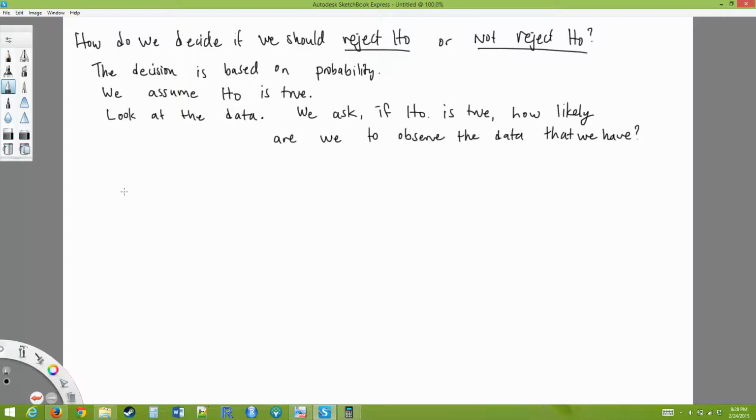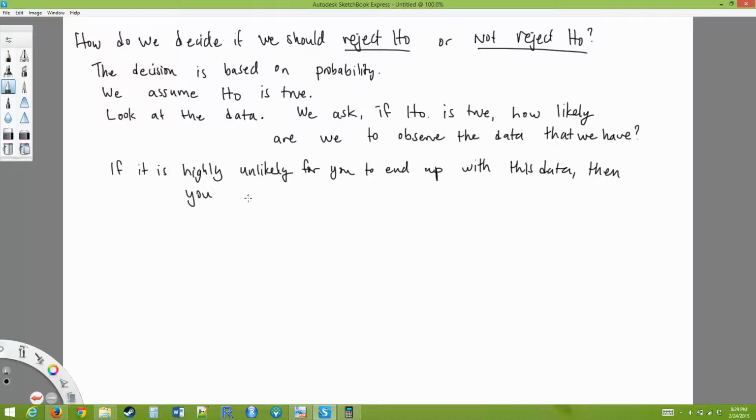Okay? And so if it turns out, if it is highly unlikely for you to end up with this data, then you would reject the null hypothesis. Okay.